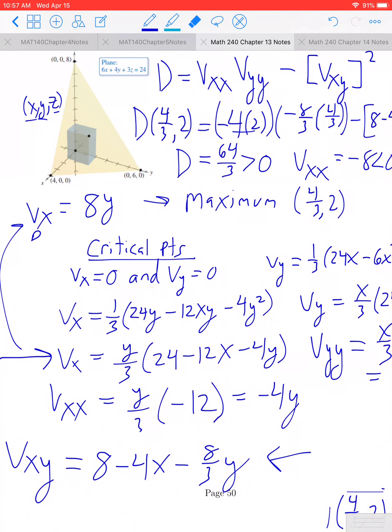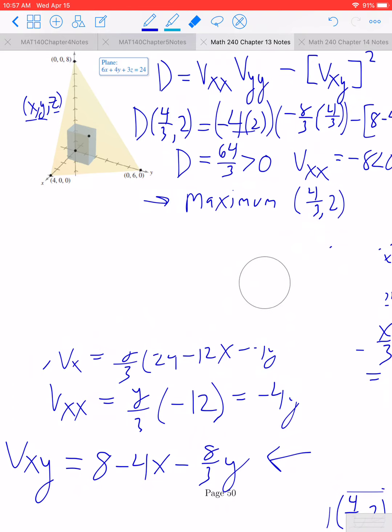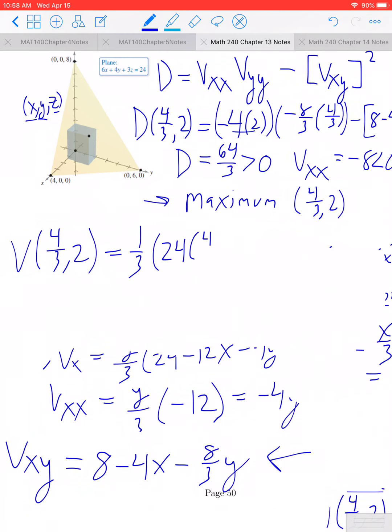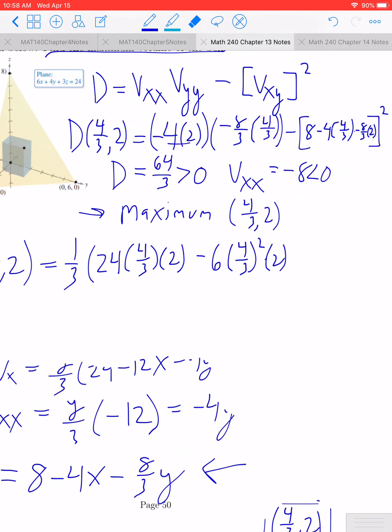I deleted my V function, but if you plug this back in, the volume that would correspond to (4/3, 2) would be equal to, I have it written down off to the side here, 1/3 times 24xy minus 6x squared y minus 4xy squared.